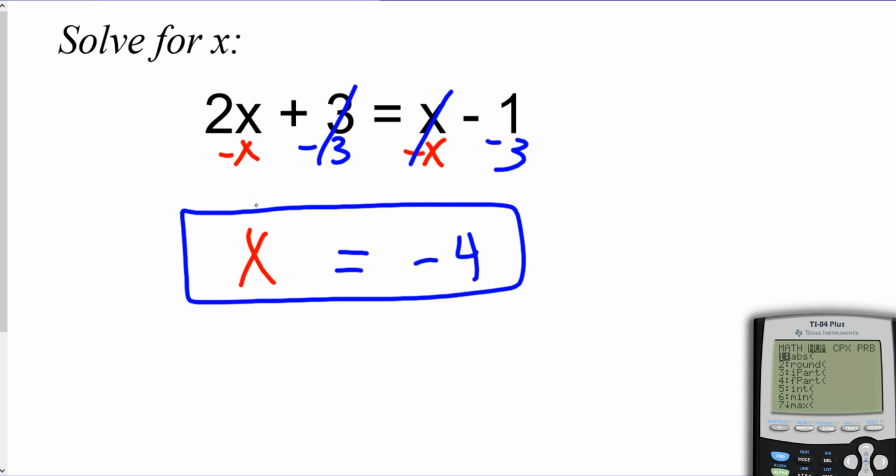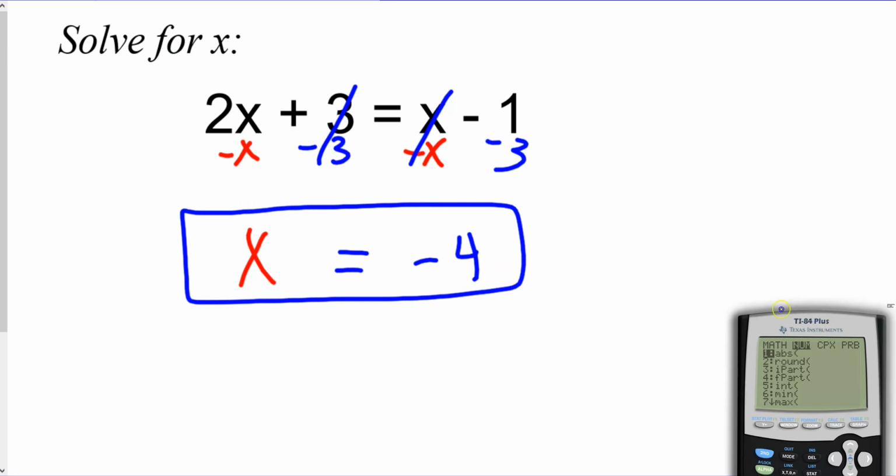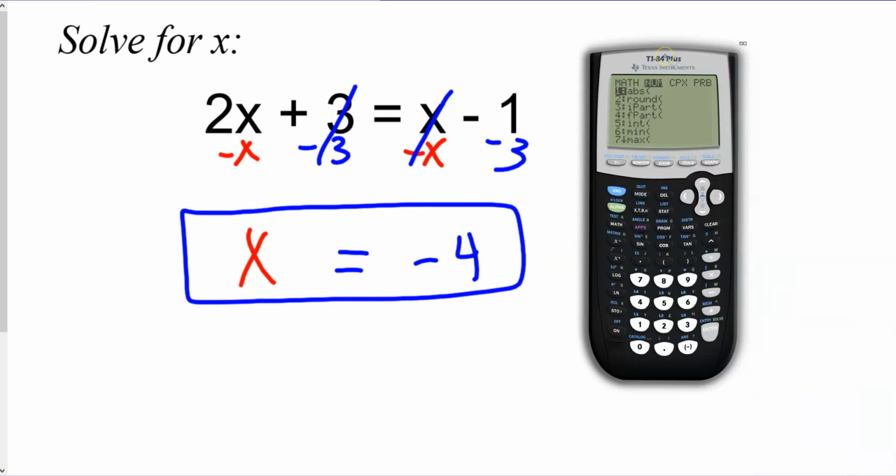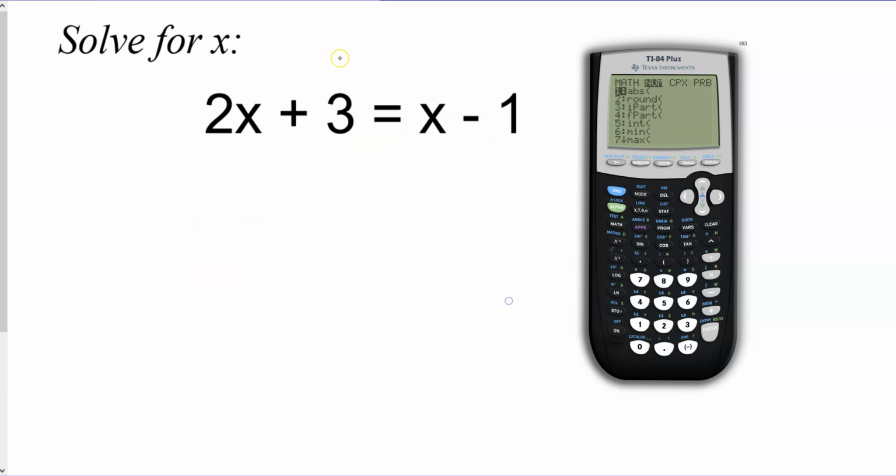Simple equation to solve. Now, what we're going to look at today is a method to solve this equation without having to use algebra, but using the graphing calculator. So I wouldn't expect you to do it this way for this problem, but I'm going to demonstrate on an easy problem so that when I show you a more complicated one, you'll be able to accomplish the goal.